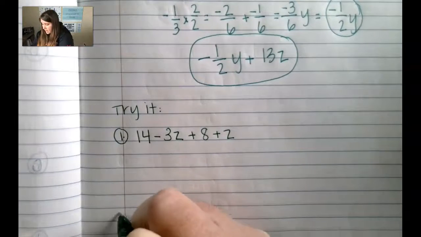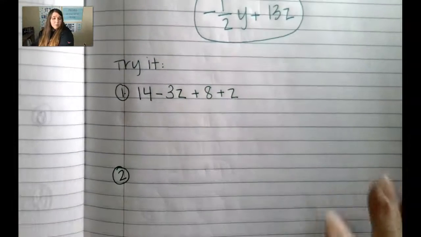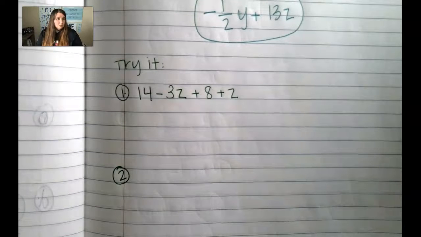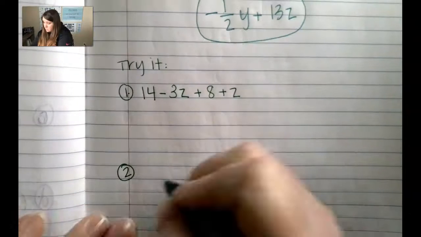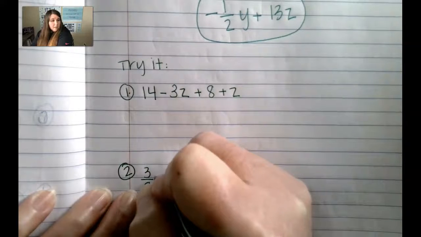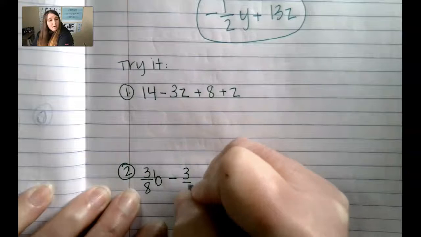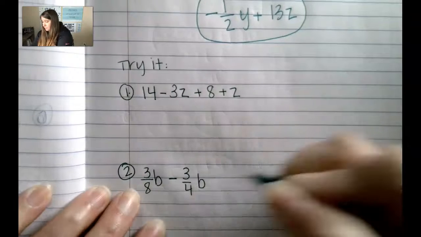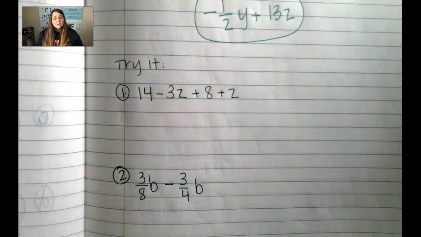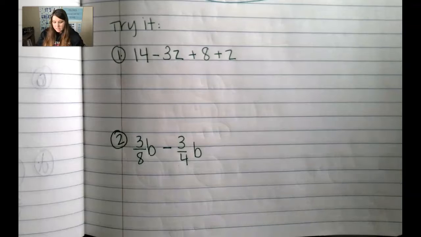And then try it number 2 is 3/8 b. Ooh, we haven't done a b yet. Minus 3/4 b. All right, go ahead and hit pause right now so you don't hear me solving. And then when you are ready, come on back and hit play, and we'll check your level of understanding.